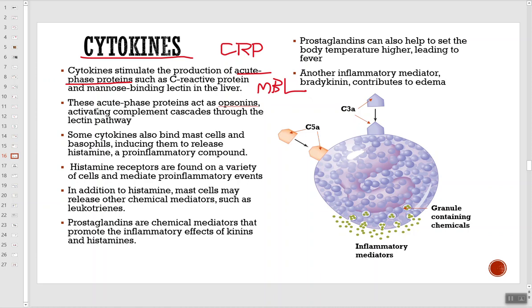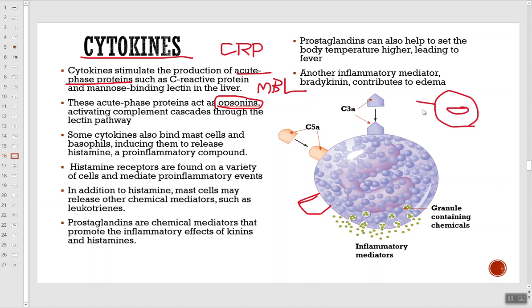These guys are going to act as opsonins. Now, opsonins, we haven't really discussed that, but opsonins are tags. So if this is a bad guy, no, that's not a bad guy. That's one of our cells. Here you go. So here's a bad guy, bacteria, whatever.